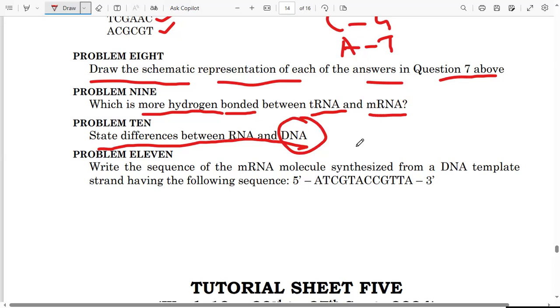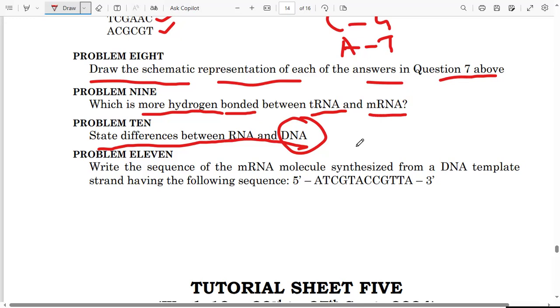And then on the other part for the RNA, you find the adenine. Then instead of the thymine in RNA, you find the uracil. And then you also find the cytosine and the guanine. And then we know that in DNA, the A pairs with the T, but in RNA, the A pairs with the what? So those are some of the differences that you can state.